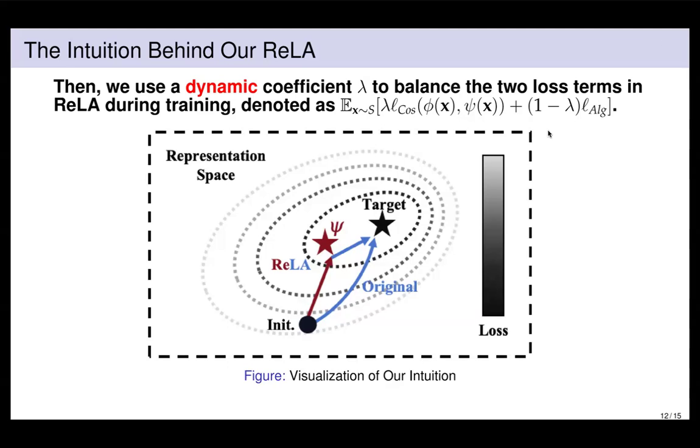So that's why we need the dynamic coefficient, and in the later stage of the training, we will let the coefficient lambda be close to 0, and the 1 minus lambda term will be close to 1, and it means that this loss function will in fact remain the second term, the original loss function, like the self-supervised learning loss term, and it will drive the model from the faraway regions to the target model.